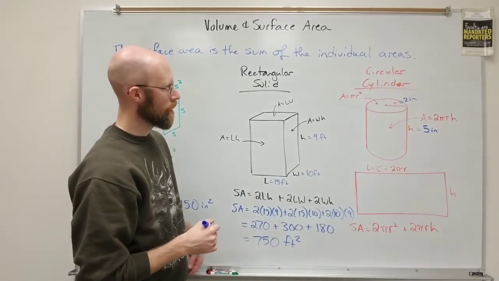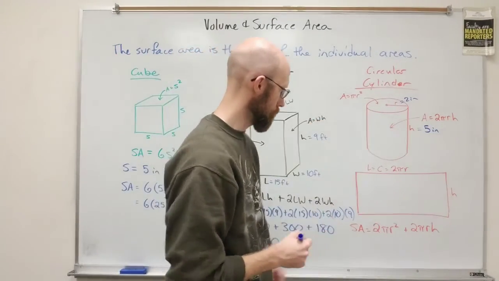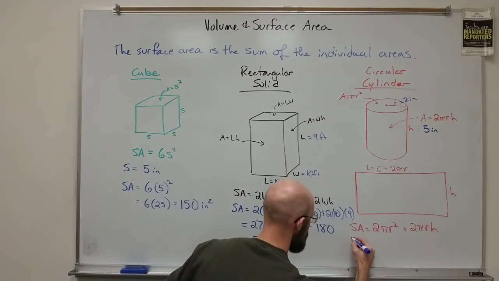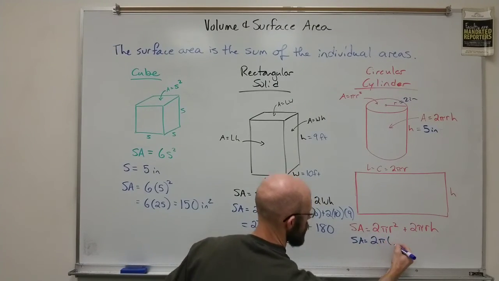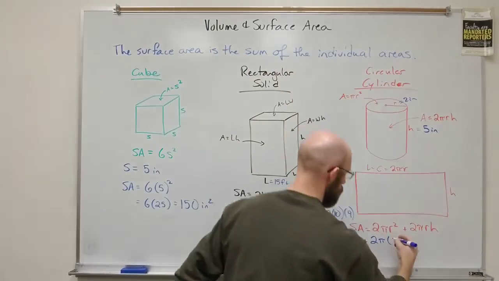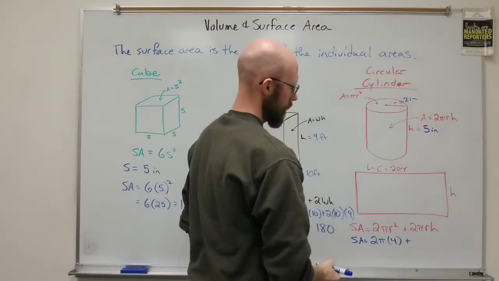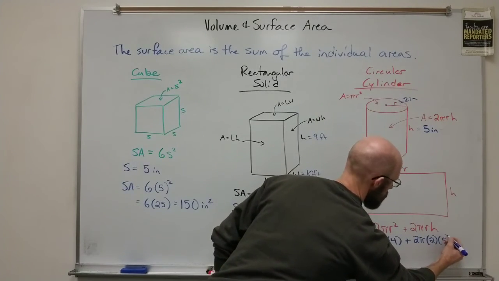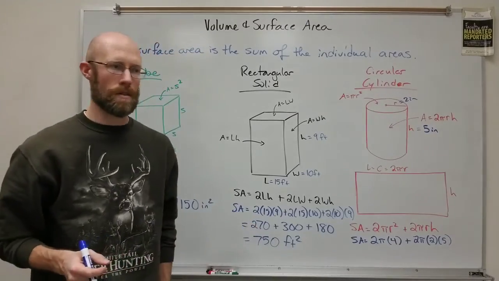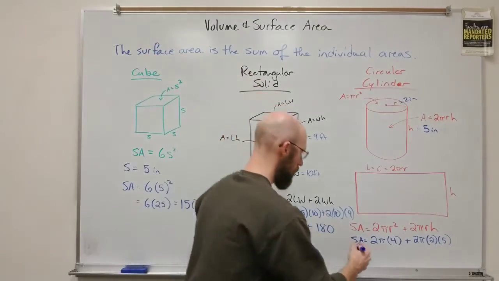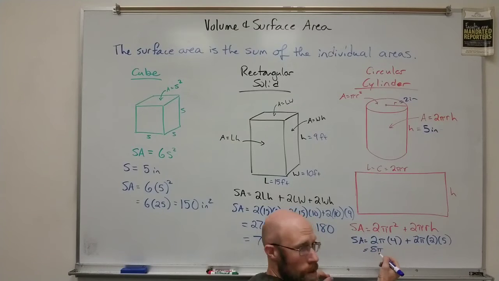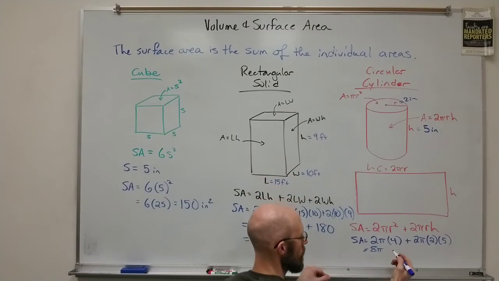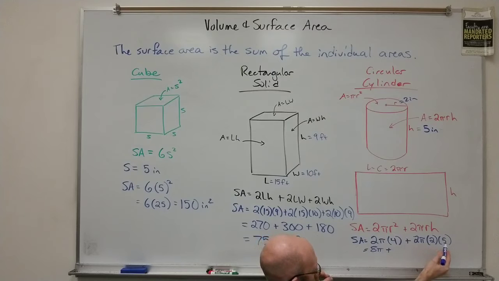So you would calculate the surface area: 2 pi times the radius squared, 2 squared is 4, so that's 8 pi, and then 2 pi times the radius times the height, which is 2 times 5, so 4 times 5 is 20 pi. And 8 and 20 makes 28 pi.